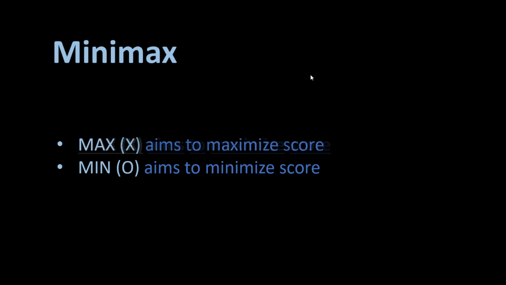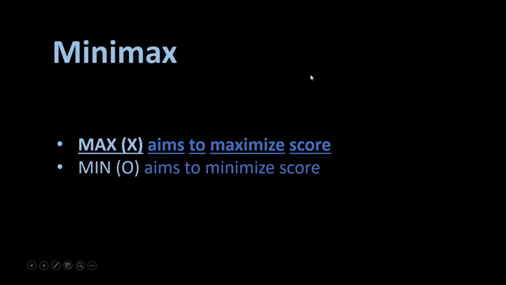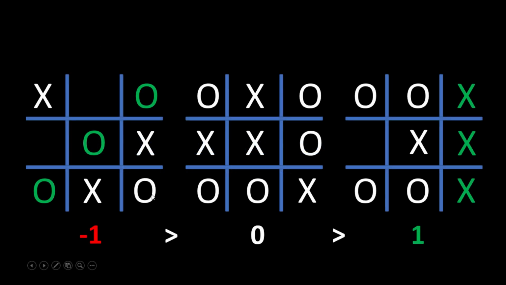So when we look at max, whose purpose is to maximize the score, it will think that losing is the worst thing that could happen since it has the lowest numerical value, and it would always take a tie over a loss.